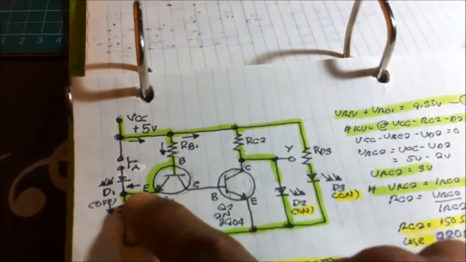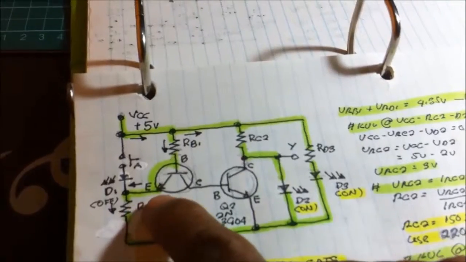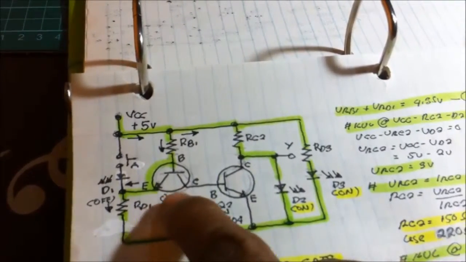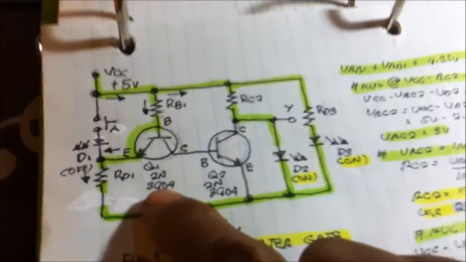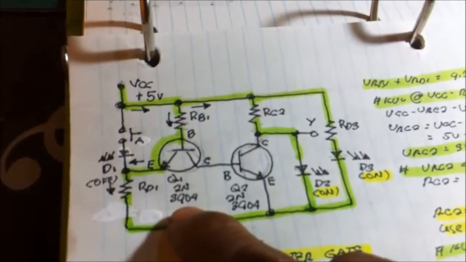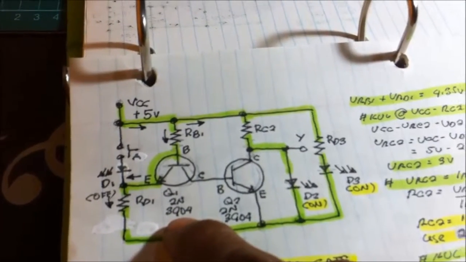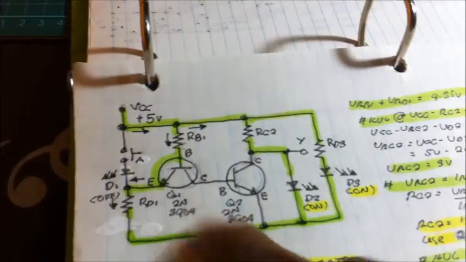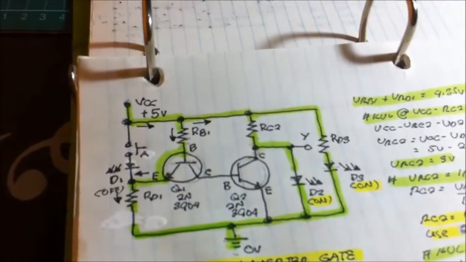Instead of the base side, we're going to use the emitter side of the transistor. I'm using 2N3904, and this is now a TTL technology.